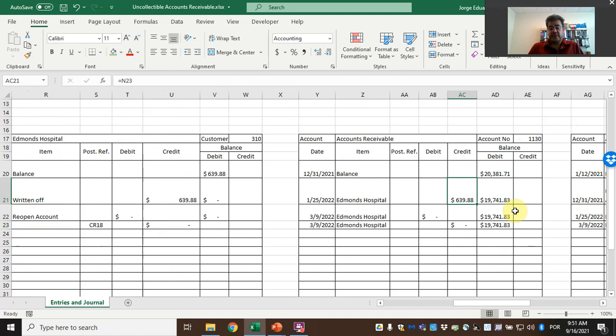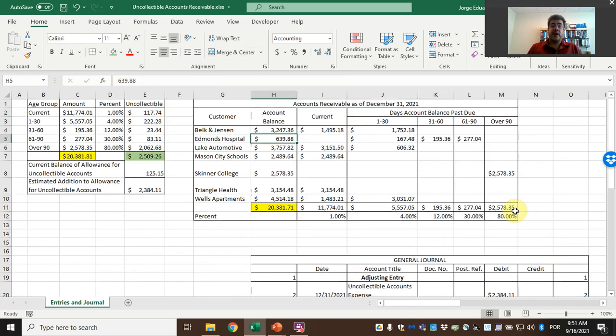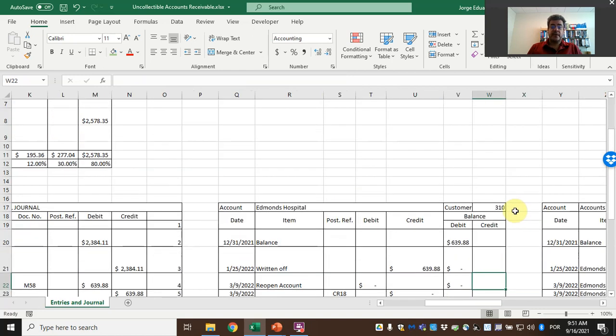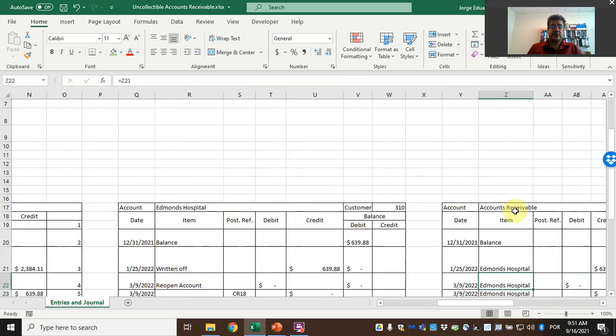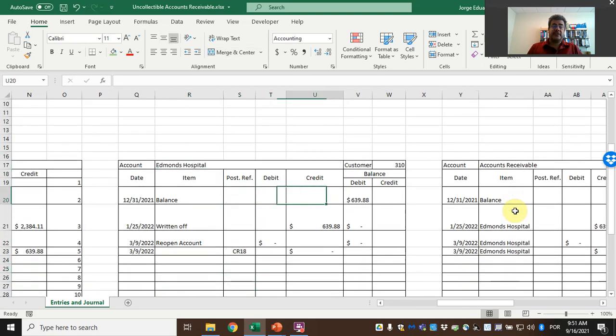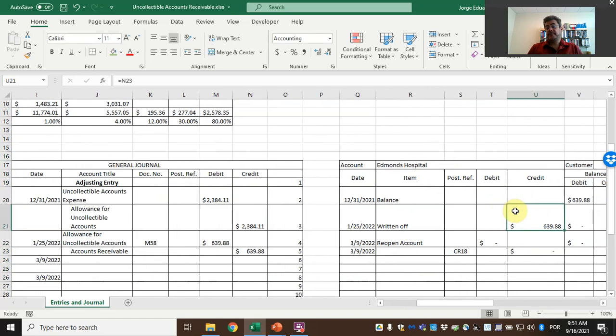Our beginning balance is the 639. Small mistake here, oh no, it's right. Sorry, guys. So Edmund's Hospital, beginning balance 639. We are writing this off. So written off, the credit of accounts receivable 639.